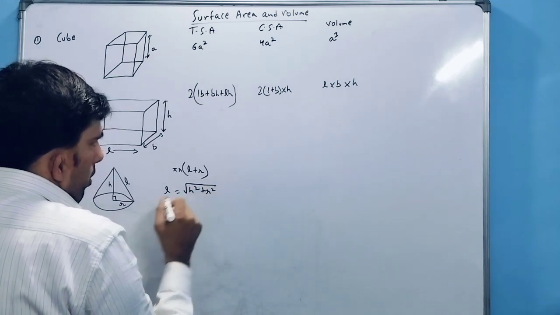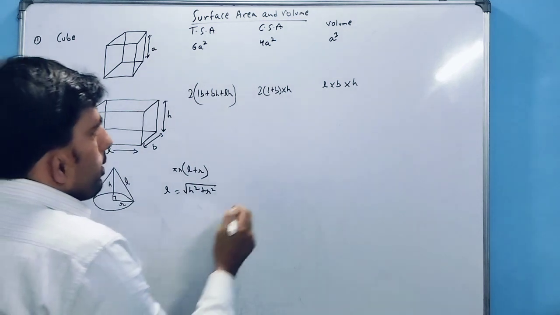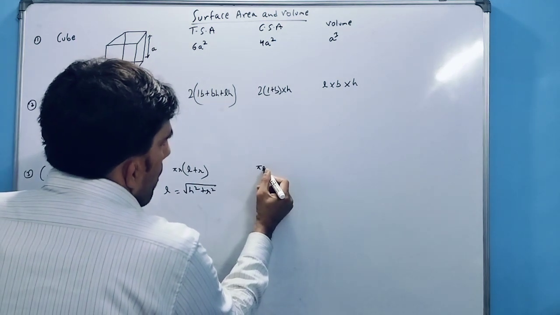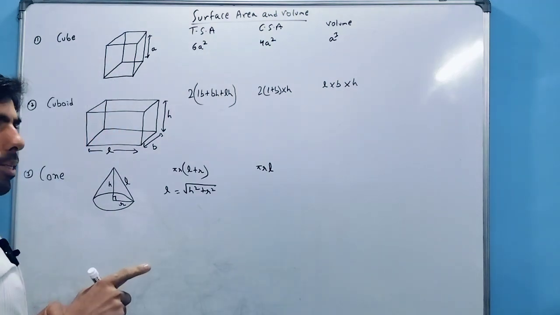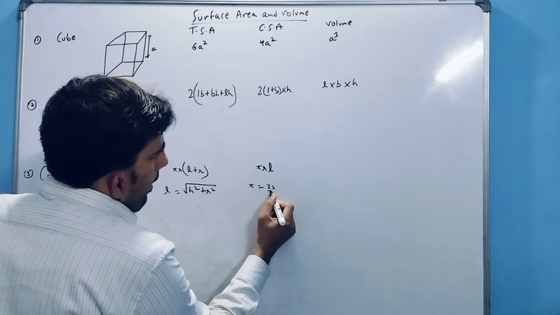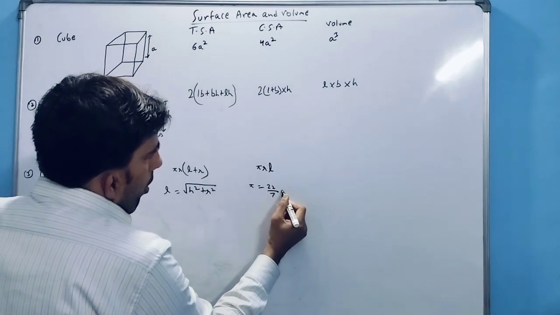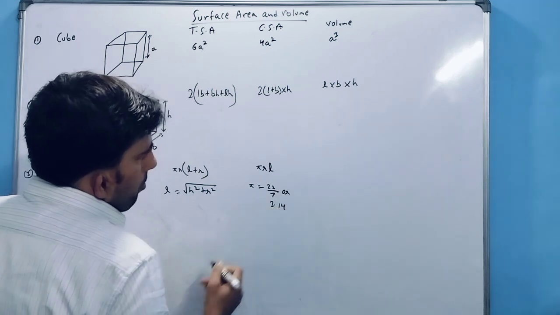Now to find the CSA we have pi r l. We all know the value of pi, that is pi can be taken as 22/7 or 3.14.